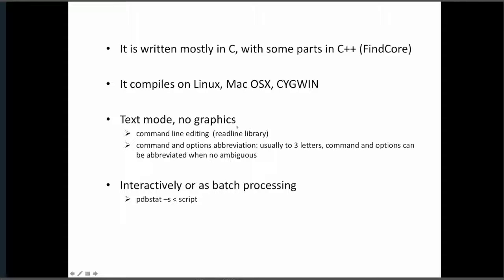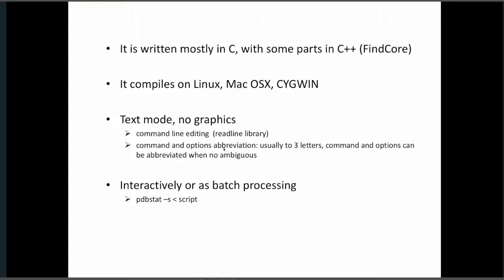The other main feature is that it's text mode, so I'm sorry, no graphics at all. Just to make life easier for people, the program is able to do command line editing with the Readline library, and most of the commands and options accept abbreviations, usually to 3 letters, where there is no ambiguity in those 3 letters. If not, the program will tell you something.